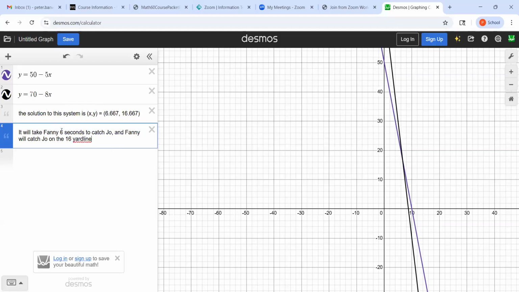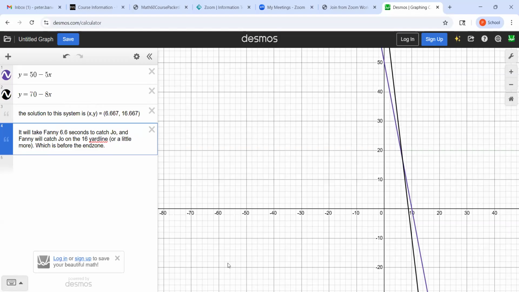So maybe 16.6 if I want to be precise, 16.6 seconds to catch Joe, and Fanny will catch Joe on the 16.6 yard line, or a little more, right? Which is before the end zone. So Fanny catches Joe before Joe scores a touchdown.